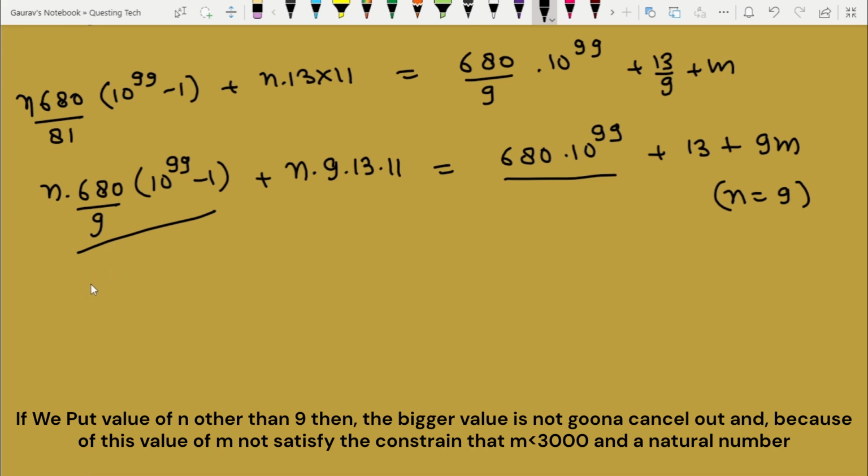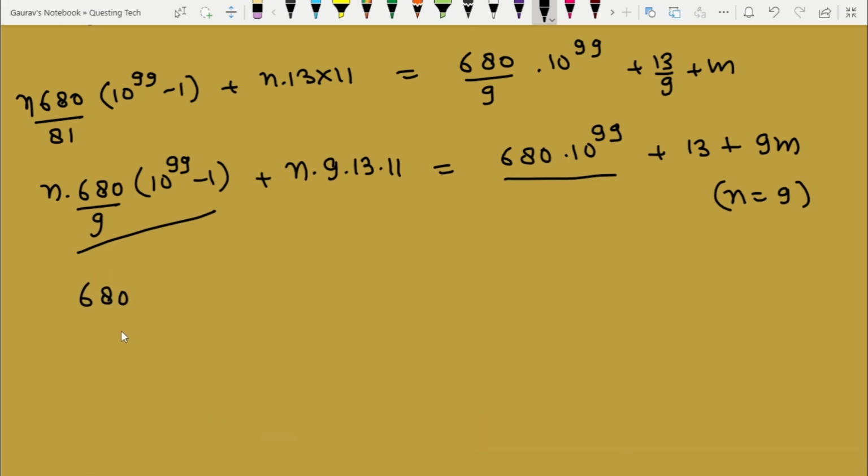So this is 680 multiplied by 10 raised to power 99 minus 1 plus, with n as 9, 81 multiplied by 13 multiplied by 11. This is 680 and this is 10 raised to power 99.